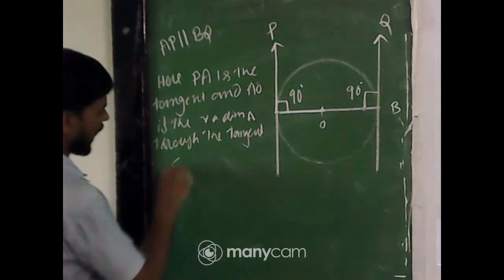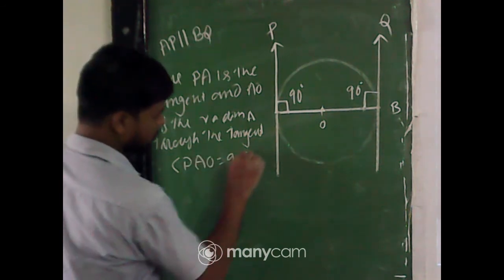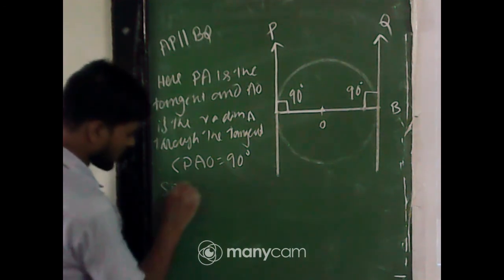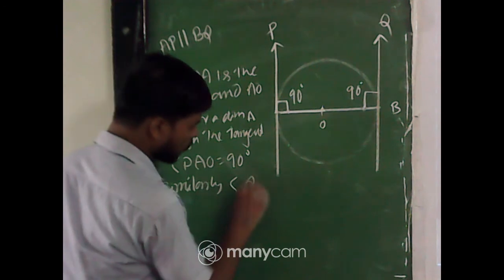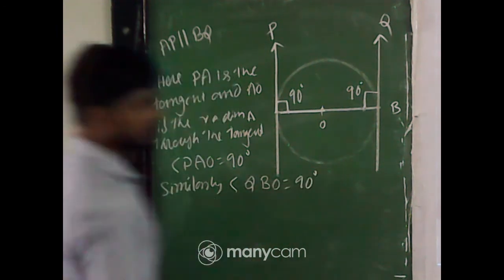That means angle PAO is equal to 90 degrees. By similar reason, angle QBO is equal to 90 degrees.